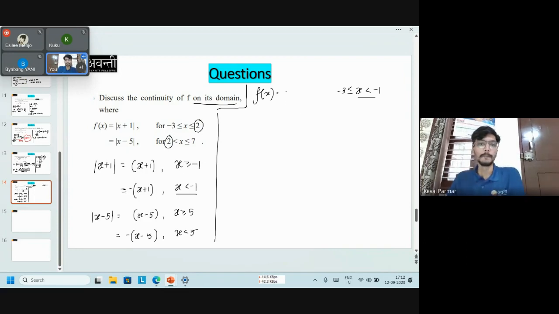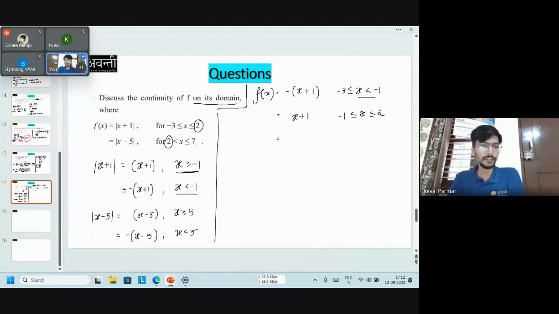My f of x will be minus of x plus 1. Then from minus 1 to 2, here that is less than or equal to 2. Minus 1 to 2 means x is greater than minus 1. My function will be x plus 1.